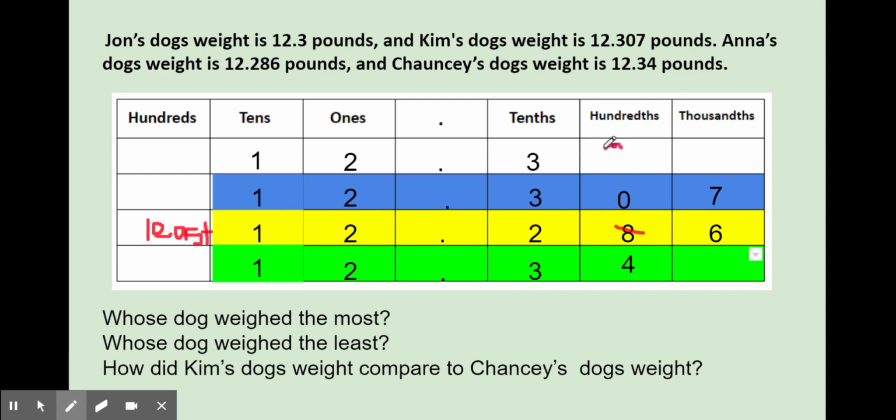And this number doesn't have a number, so we're going to have to fill in the zero. So we have 0, 0, 4. Out of those numbers, 4 is the largest number, so that makes 12 and 34 hundredths the largest number, or the biggest number.